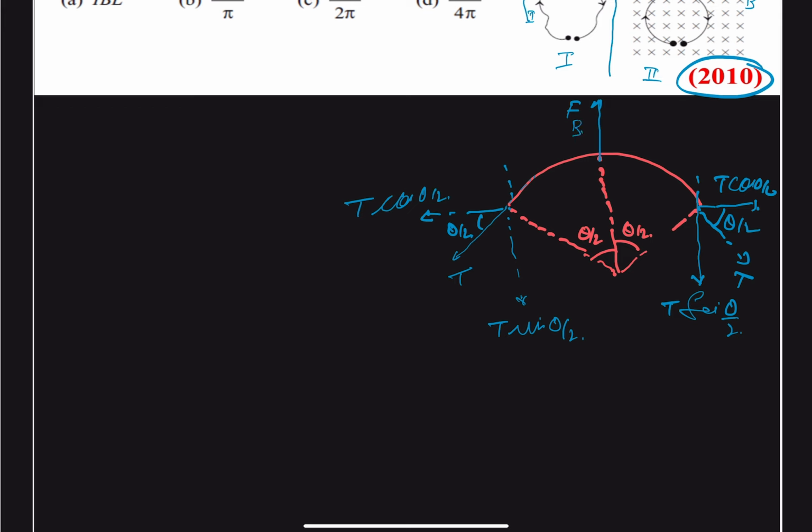As the entire thing is in balance, and we consider that this is a small segment of the length ds, and r is the radius of this particular small segment.